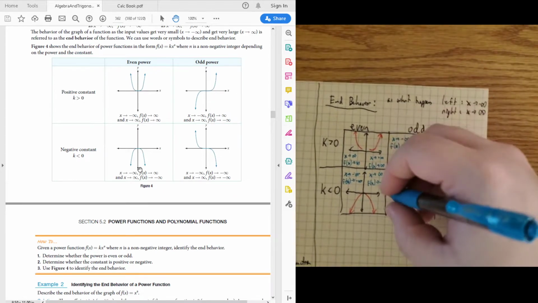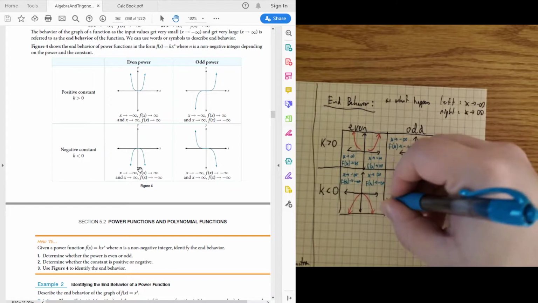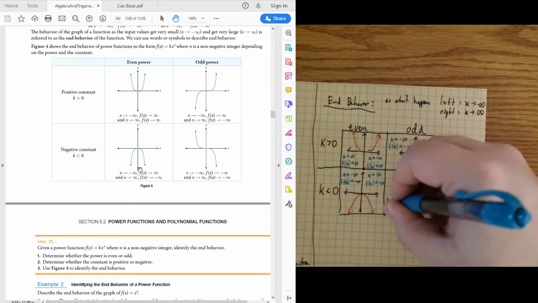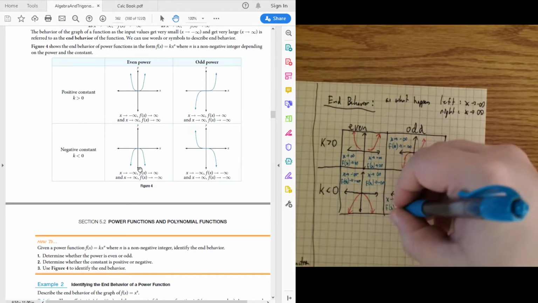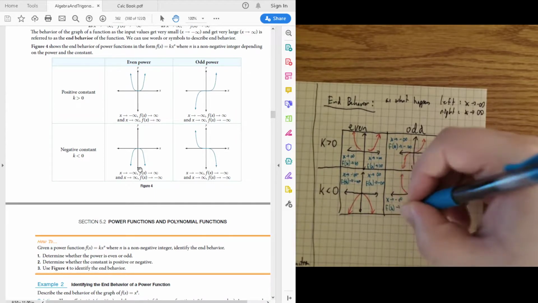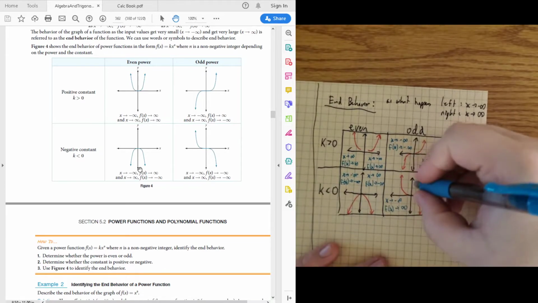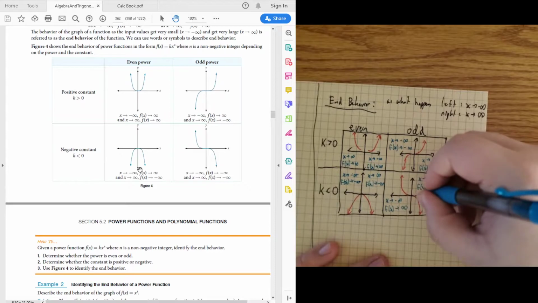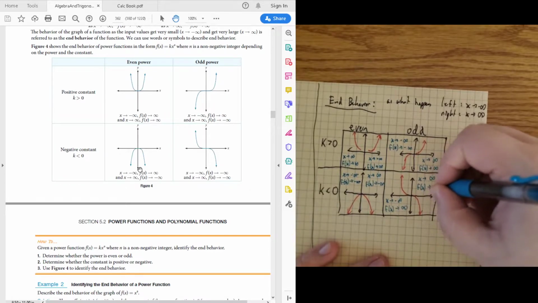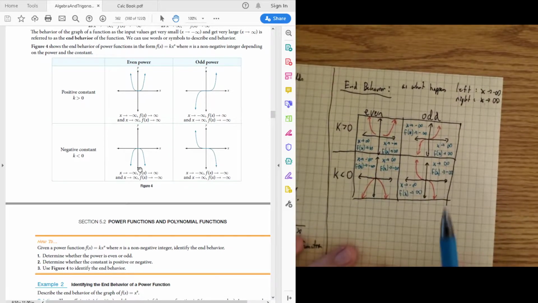With an odd function, you have the opposite effect. But again, there's similarities everywhere. As x goes to negative infinity, f of x goes to positive infinity. As x goes to positive infinity, f of x goes to negative infinity. Again, let's interpret.